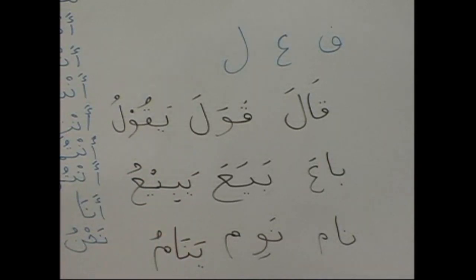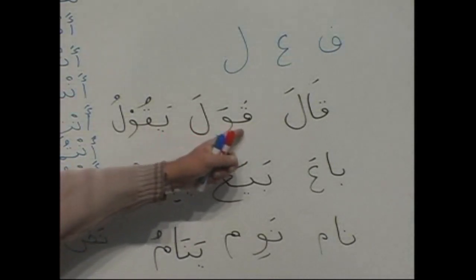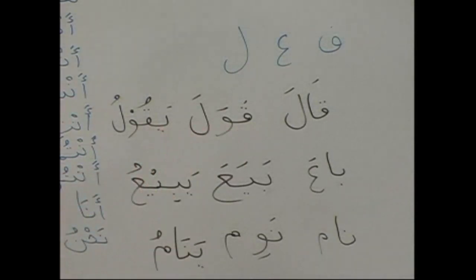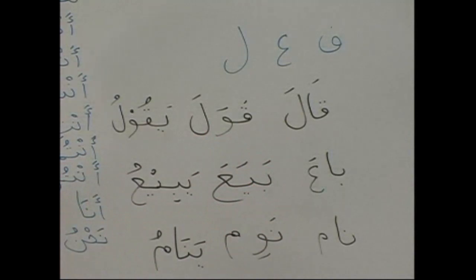Are you with me, brothers and sisters? Okay? Now, the thing is, originally, kawala yaqulu is bab nasara. Nasara, yansuru. So it should have been yaqwulu. It should have been.